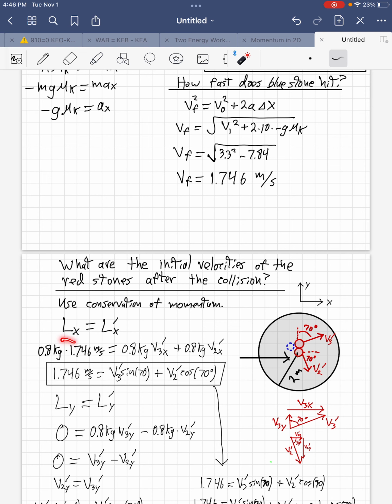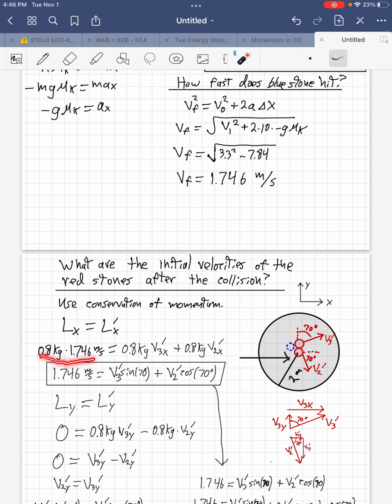We know that the momentum in the x direction for the whole system before the collision is going to equal the momentum in the x direction after the collision. The momentum before the collision is entirely in the blue stone since the red stones are still, and it's moving completely in the x direction, so we just have 0.8 kilograms times 1.46 meters per second. That's how fast the blue stone is going just before it hits.